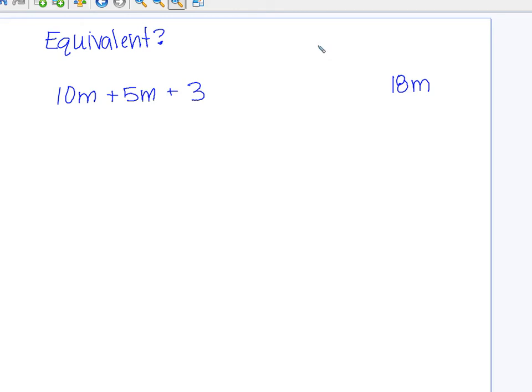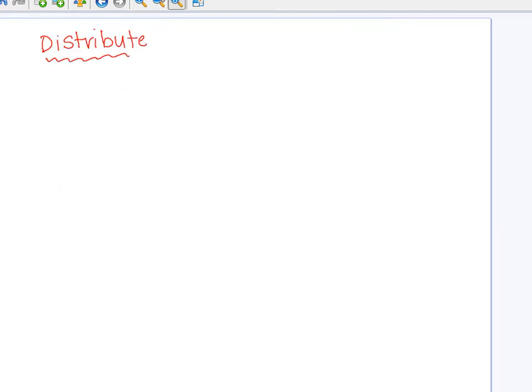I always said 3 or above is a good number, so I'm going to go with 3. And then you just substitute in 10 times 3 plus 5 times 3 plus 3. And this one over here would be 18 times 3. And then you just solve using order of operations.